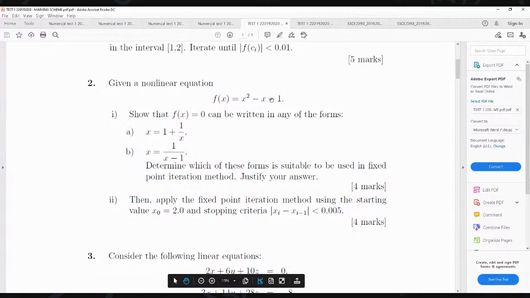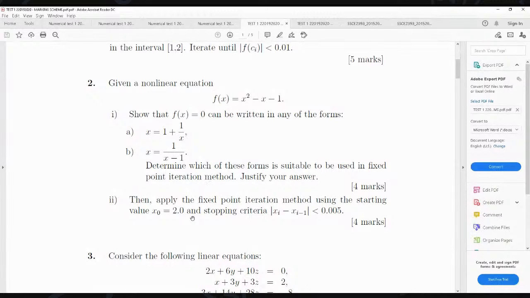But you need to change it to the form of fixed point iterative method, 1 plus 1 over x and 1 divided by x minus 1. So they want you to transform this to equations A and B, and then determine which is well suited to apply the fixed point iterative method.